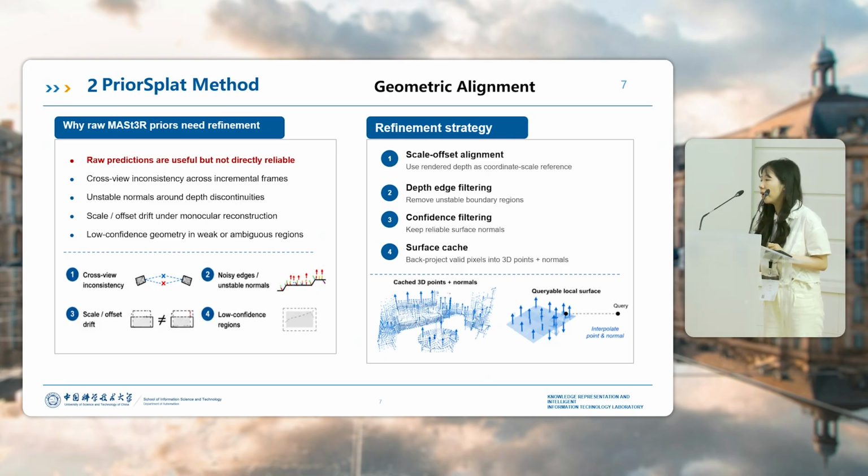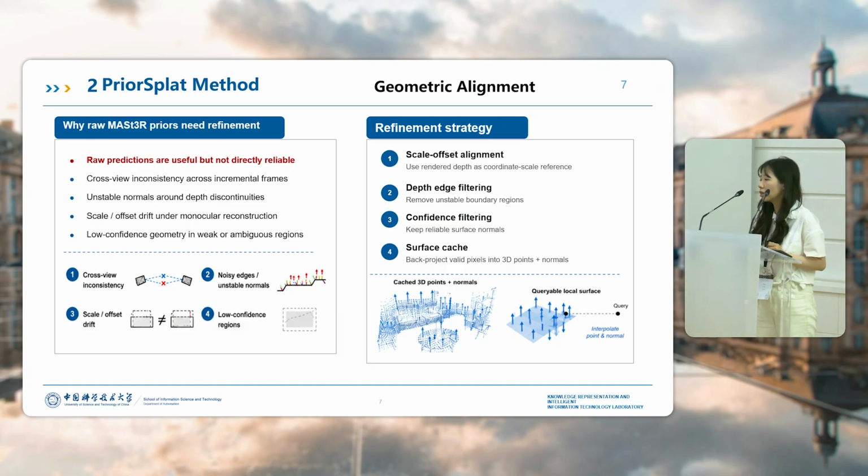We therefore apply a four-step refinement strategy. First, scale alignment. We use the rendered depth from the current Gaussian map as a coordinate scale reference to correct the MASt3R prediction. Second, depth edge filtering.